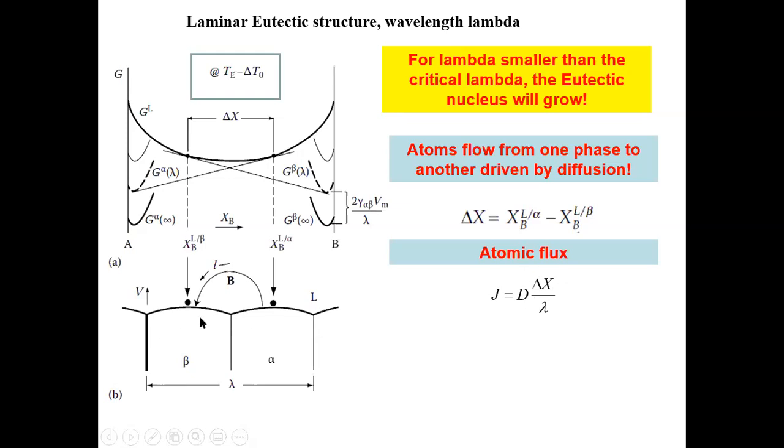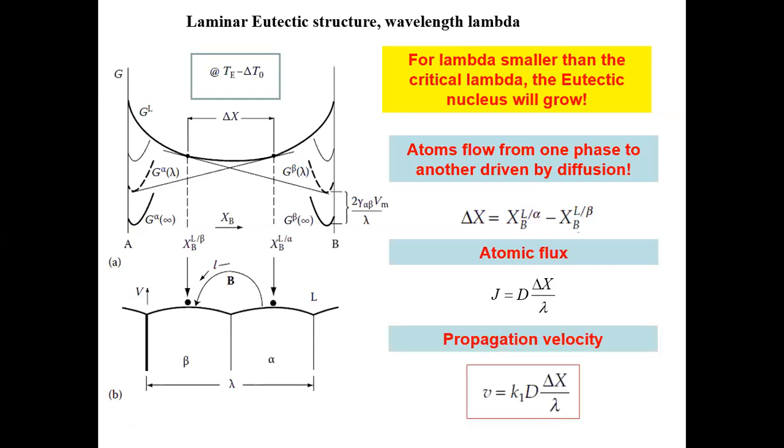But for now, we just consider a very simple linear approximation. The gradient is approximated by the difference between the compositions in these two different regions divided by the corresponding distance lambda. And I said that there's a factor of 2, which I didn't include here, which will be included later. But roughly speaking, this delta x over lambda gives you an estimate of the gradient, right? And then the flux is proportional to this gradient. Okay, so this is very reasonable kinetics.